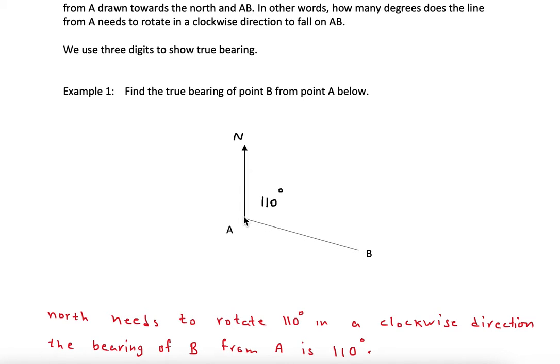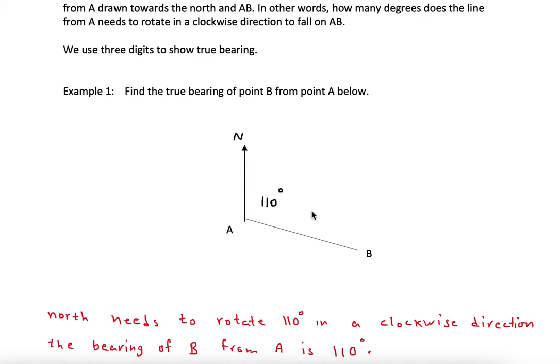So basically you're turning this northerly line around point A and it falls on AB. The only point that you need to be careful of is that you turn in a clockwise direction, not in an anti-clockwise direction.